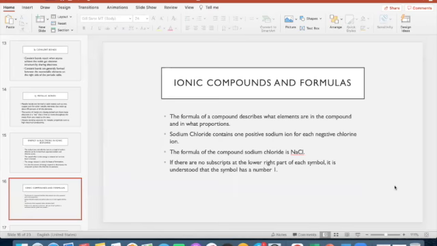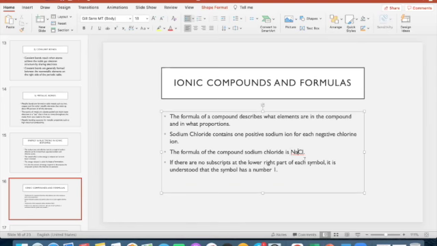All right, ionic compounds and formulas. If you remember sodium chloride, if you've taken biology or intro to chemistry already, your sodium is Na and your chloride is Cl. So sodium chloride is NaCl. You take those individual shorthand symbols and you put them together.